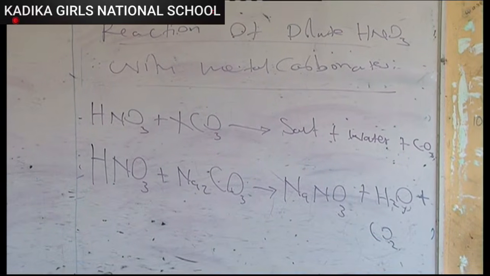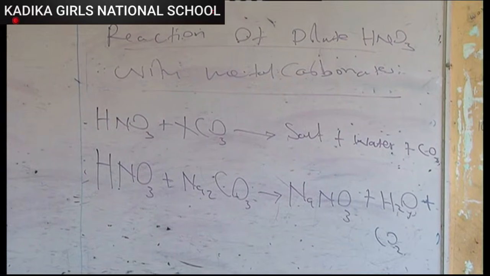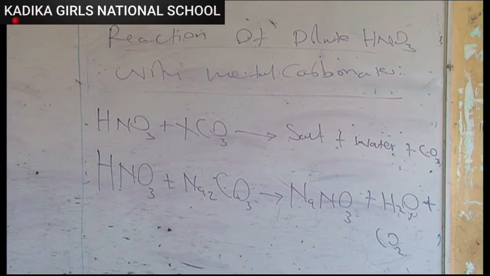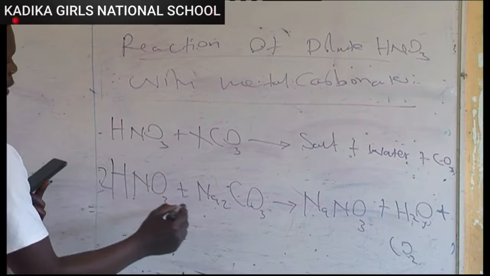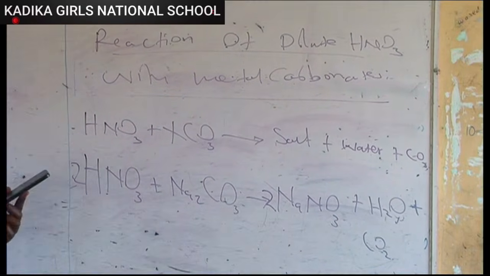So the reaction leads just to formation of salt, water, and carbon 4 oxide. But the salt is for the metal nitrate. So when we put 2 here and 2 here, the equation is just balanced.